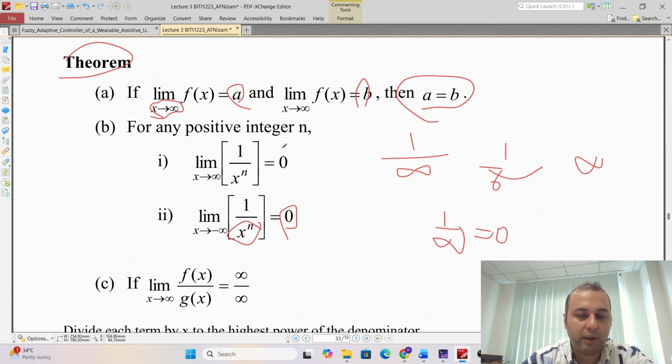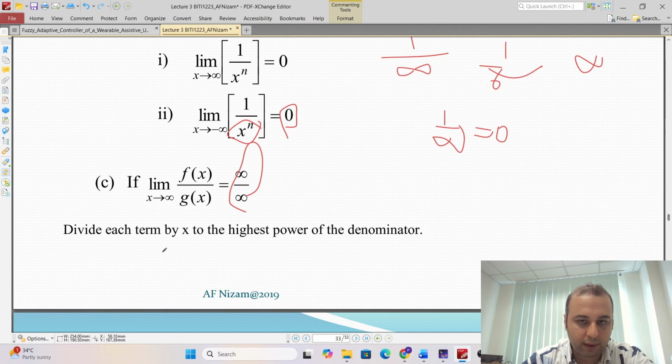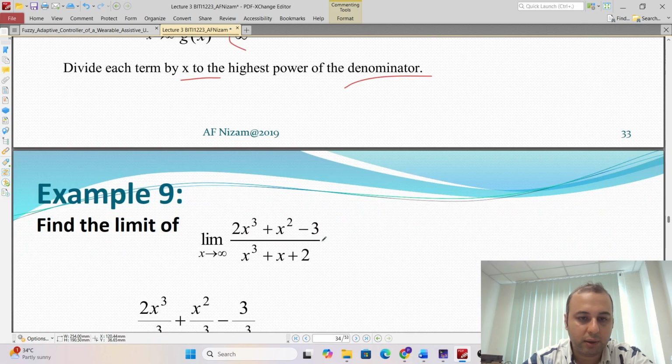Okay, for positive integer, this one I mentioned: divide each term by x to the highest power of the denominator. Let's see.